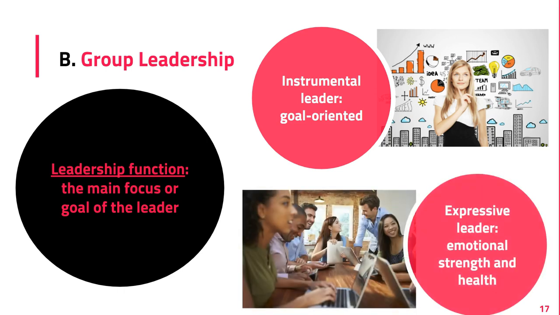On the other hand, expressive or socio-emotional leaders are less likely to be recognized as leaders, but help with the group's morale. These leaders may have to minimize the friction that instrumental leaders necessarily create.